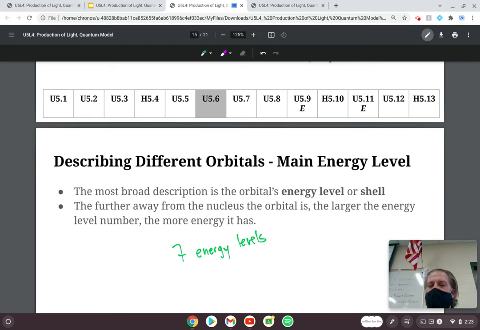So if this is my nucleus and my electron is like here, it's going to have, let's say, X amount of energy. But if it is 1, 2, 3, 4, 5, 6, 7, it's going to be like 7 times X the amount of energy. Kind of. Not really, but kind of.